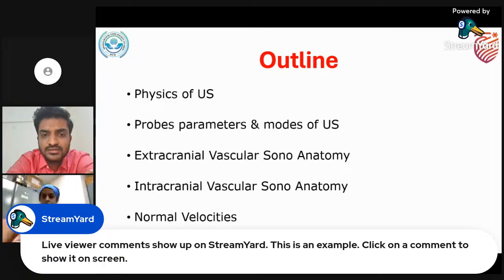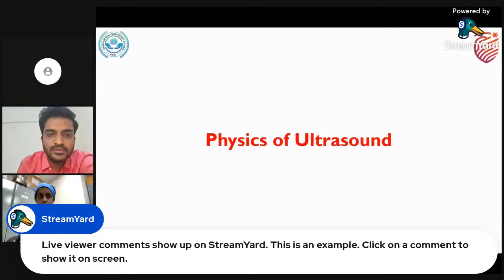We'll start with extracranial vascular anatomy from the neck, and going above, we enter the intracranial compartment. We see the arterial as well as the venous neurovascular system, and we'll end with the velocities of these vascular structures.